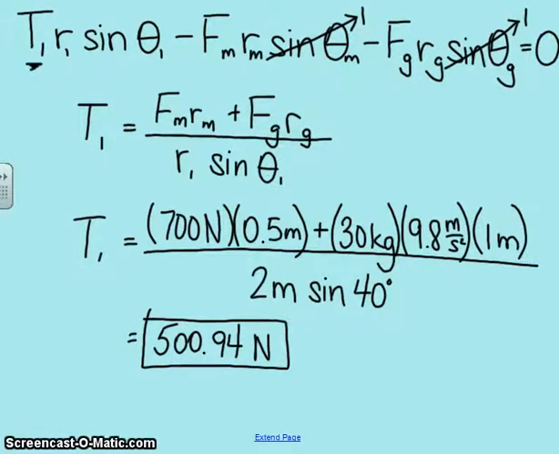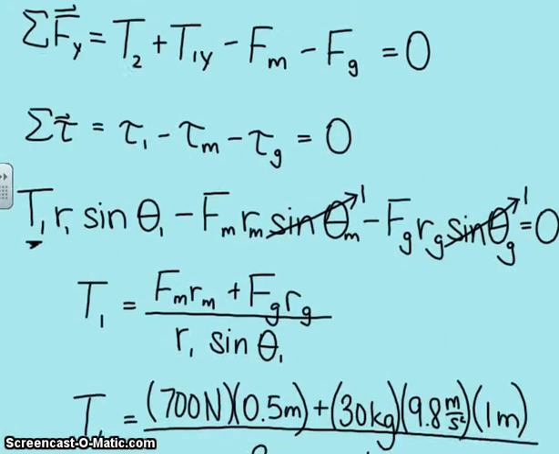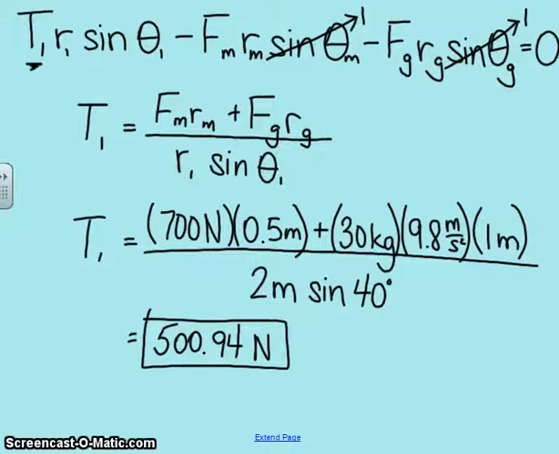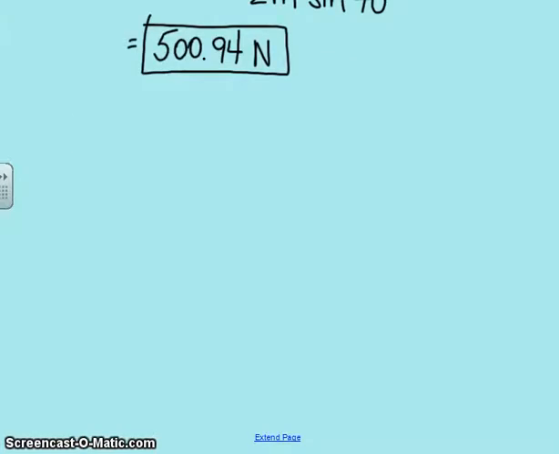Now that I know that value, I can use the force equation to help me come up with the other 2 values. So looking back at these force equations, the one that I'm going to use first is T3 equals T1x. Because since I know the angle for T1, I can find its x and y components. I'm going to do that right now. So T1x and T1y.